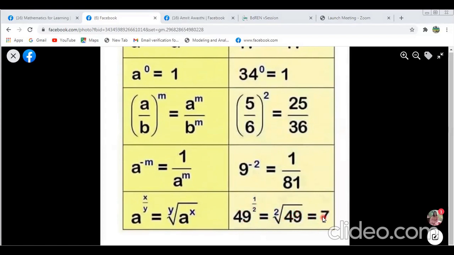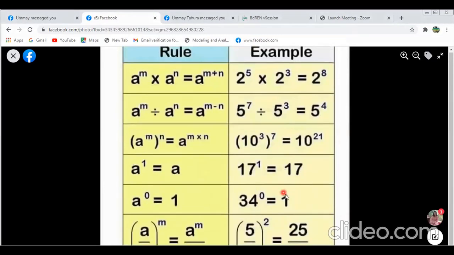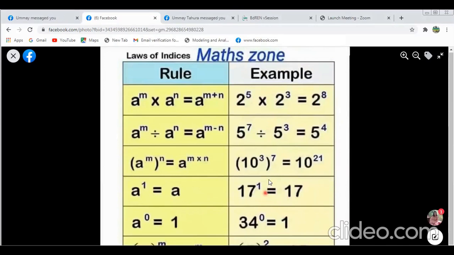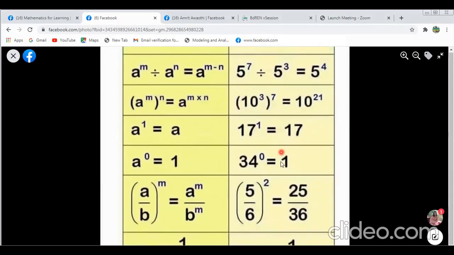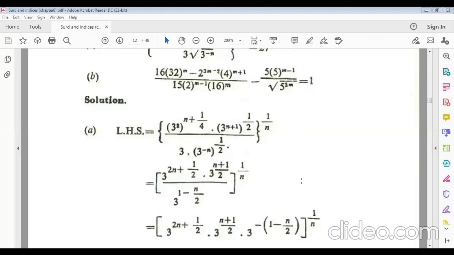This is why 7 square makes 7 only. This is the rule for surds and indices. You have to remember this and follow these rules. Understand everybody?